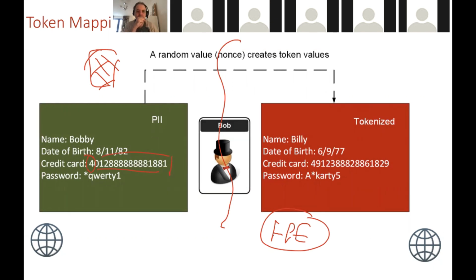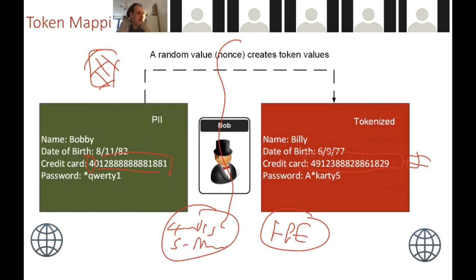So if we want to fake that, we can make sure that our encrypted format ends up looking like a Visa number. 4, I think, is for Visa, 5 is for MasterCard, and so on.